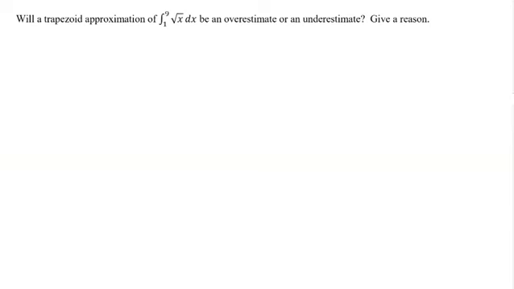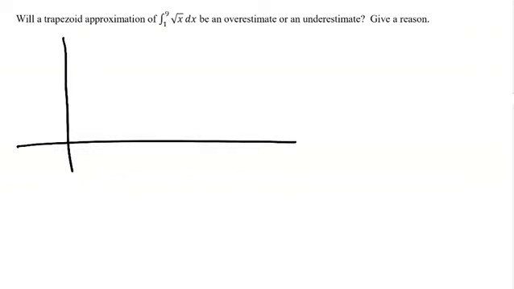Here we got another good one. We've got a trapezoid approximation for the area under the graph of square root of x from 1 to 9. Okay, so again, you got to know what the graph of square root x looks like. I'll draw you a picture. Okay, looks like that. So I'll let y'all think about that for a second.